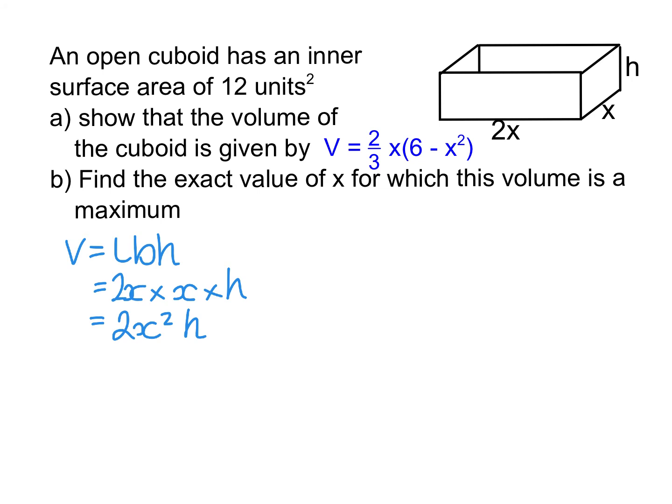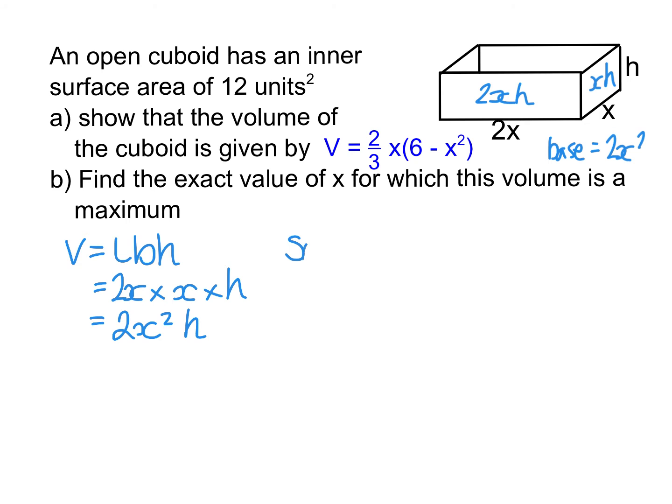Okay, the other bit of information they give us is the surface area. Now, the surface area of this box, if you think about it, the front would be 2x times h. So I'm just going to draw on this. That would be 2xh. The side would be x times h. And the base, although we can't see it, would be 2x times x, which would be 2x squared.